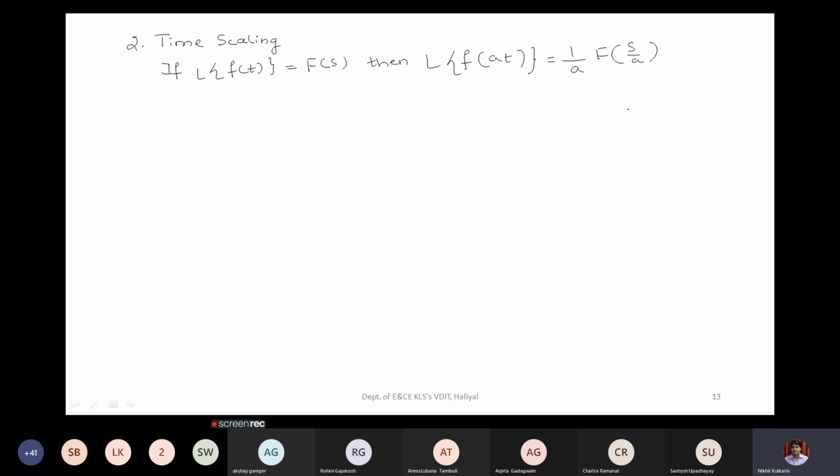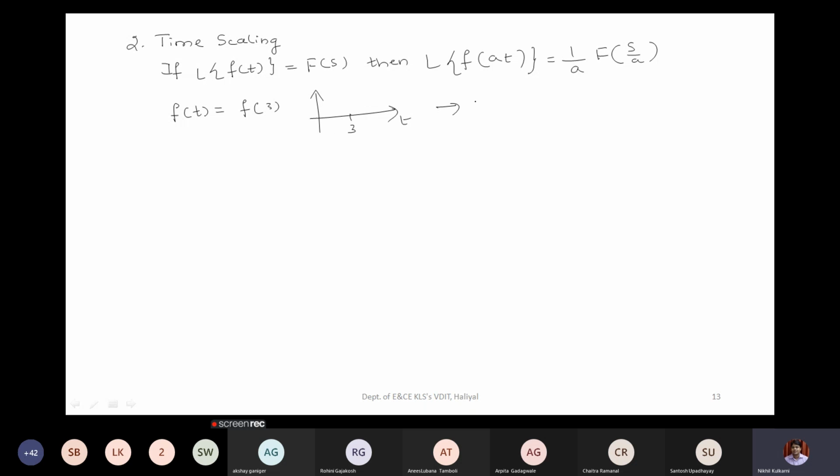Before going to the proof, let us understand the meaning of time scaling. If I write something like f of t equal to f of 3, in general it means the function at time instant 3.